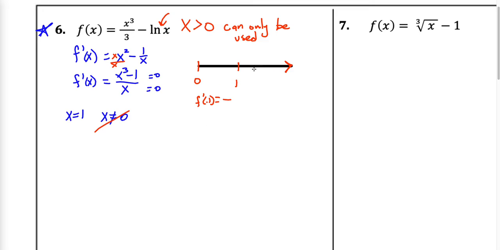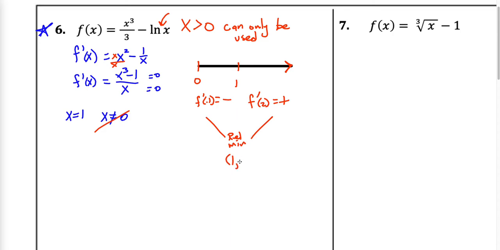And then we can pick a regular easy number like 2. 4 minus 1/2 would be positive. So decreasing, increasing. We only have one possible relative answer here. It looks like it should be a relative min.